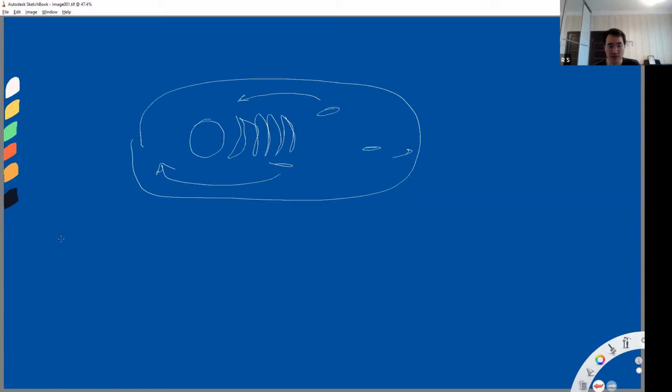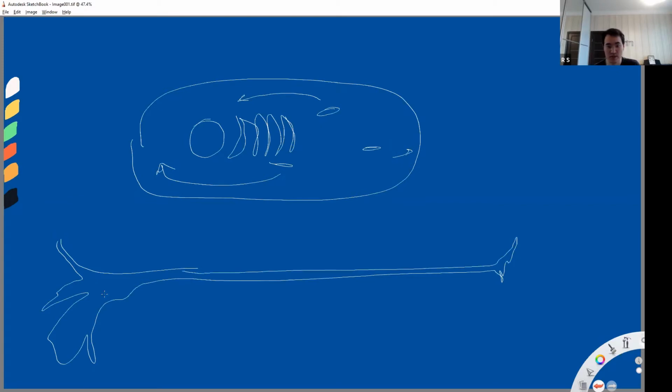Let's say you have a neuron with a huge axon, and this neuron needs to really concentrate some of the vesicles, some neurotransmitters, in the terminus of the axon.